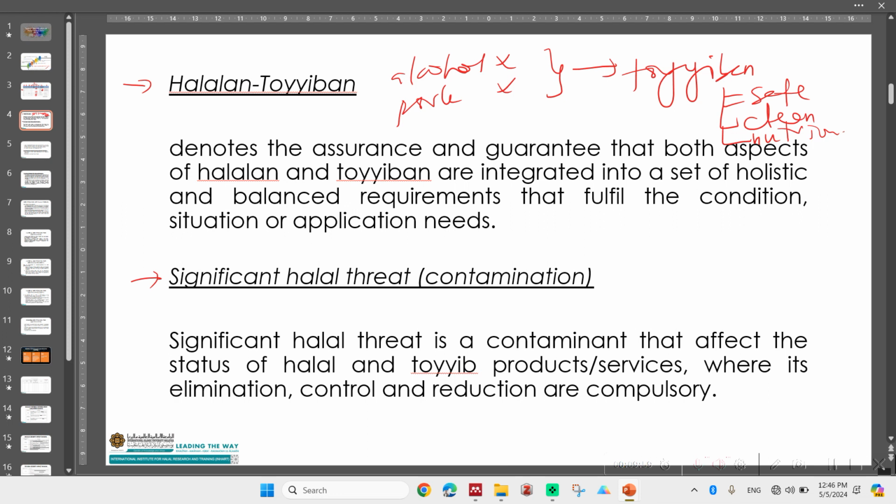So in common terms, the challenge can be a halal threat or a contaminant. This halal threat is a contaminant that will affect the status of your halal and tayyib product. So in order to control this halal threat, we need to have this halal control point evaluation.